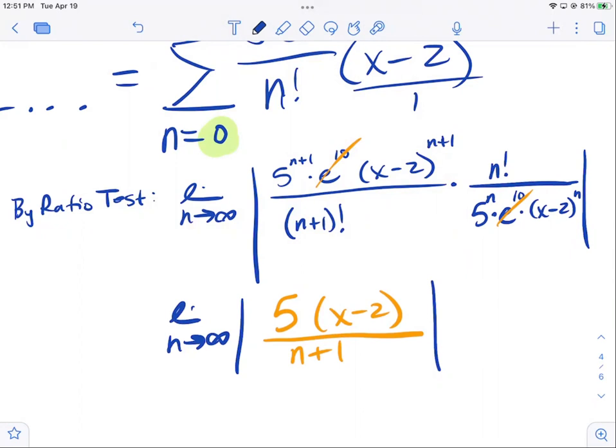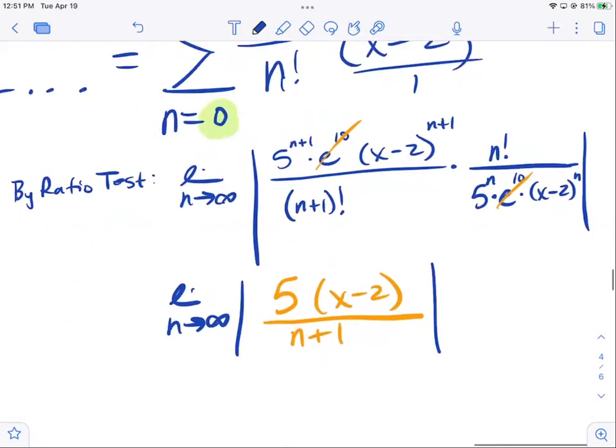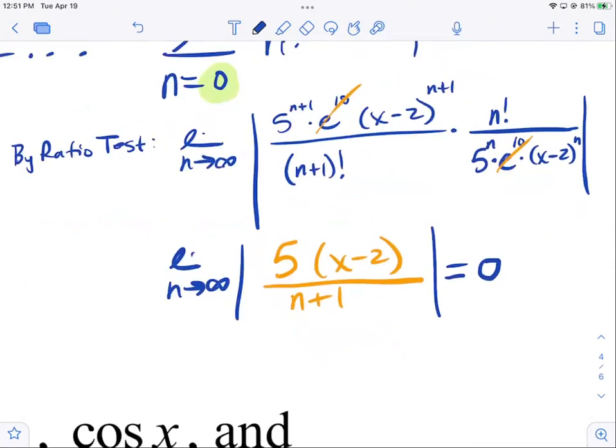How does that look to y'all? Handsome? Does it look right? I think so, right? Yeah, that looks good to me. All right, so again, we're treating x like a constant. So we have a constant on top and the bottom. A constant over something that goes infinitely large is approaching what? It's approaching 0, right?